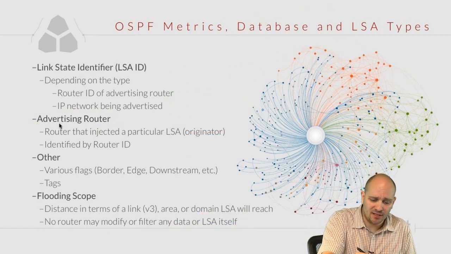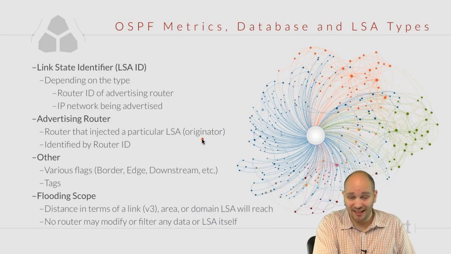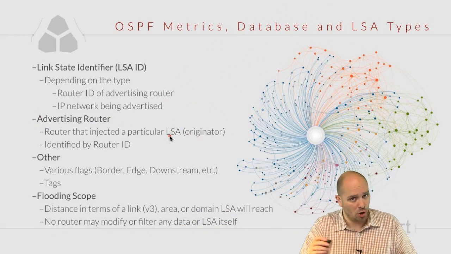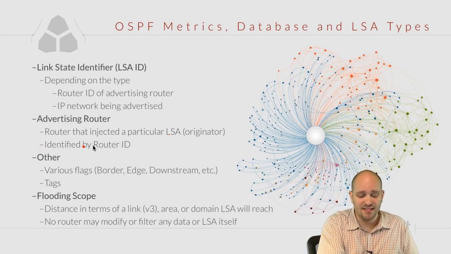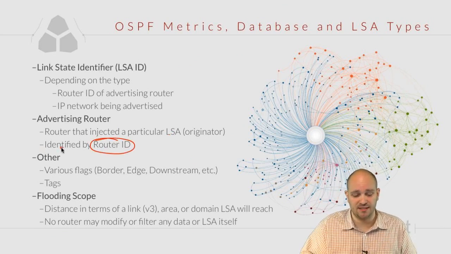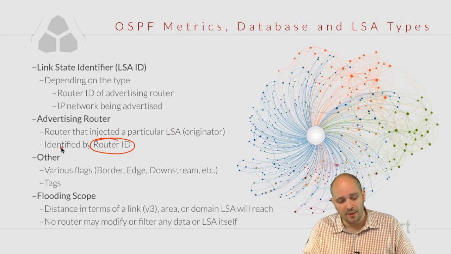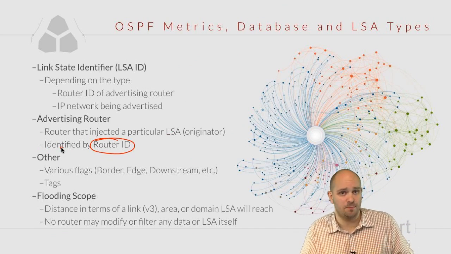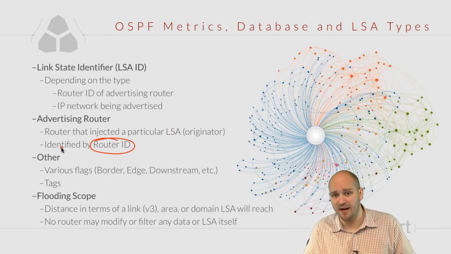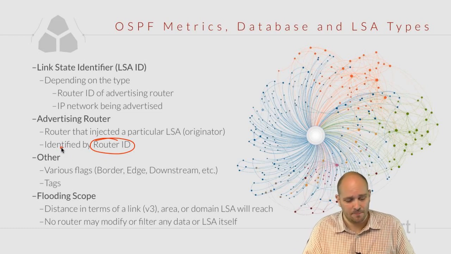So the advertising router is the router that injects the LSA. And as I said, this information is kept throughout the flooding scope of the LSA. The advertising router in the LSA will be identified not with its IP address, but with its router ID.